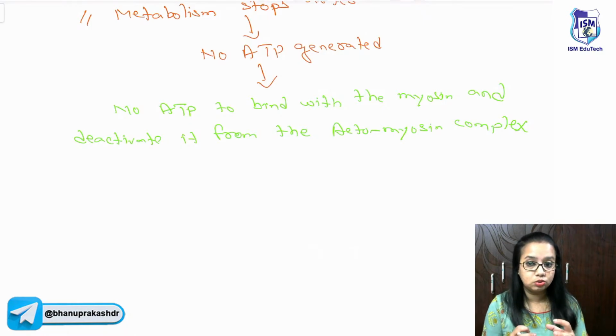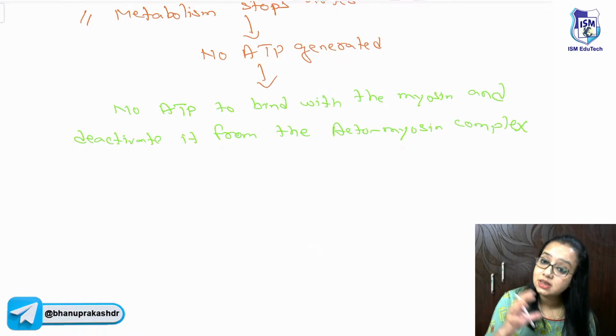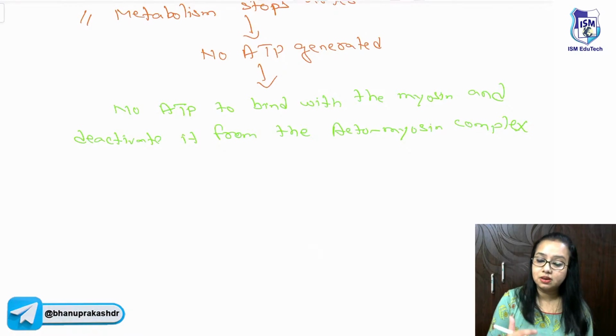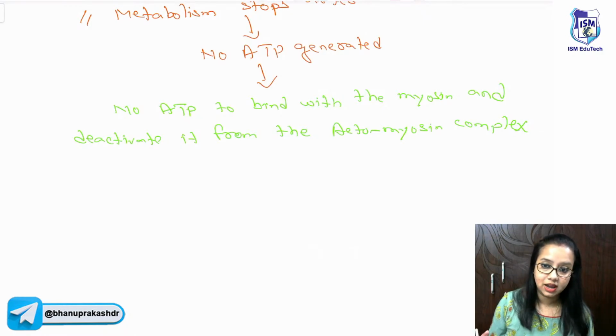Once the ATP is not available, still there are certain skeletal muscles where the actin and myosin are bound. They are still bound. Those myosin which are still bound to the actin don't get ATP, by which the myosin head would be deactivated. Since there is no ATP for the myosin head to get deactivated, the myosin head does not come out. It is not pulled away from the actin.